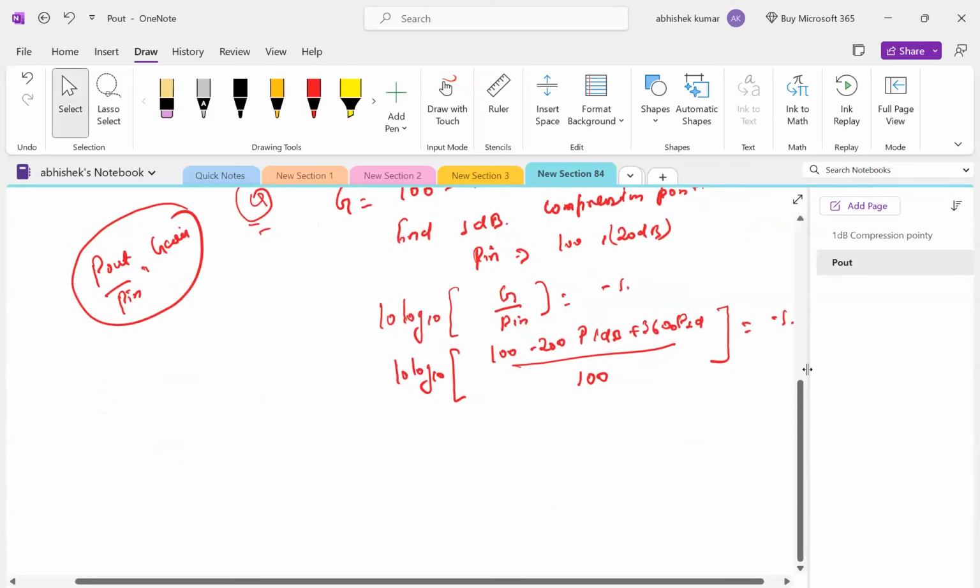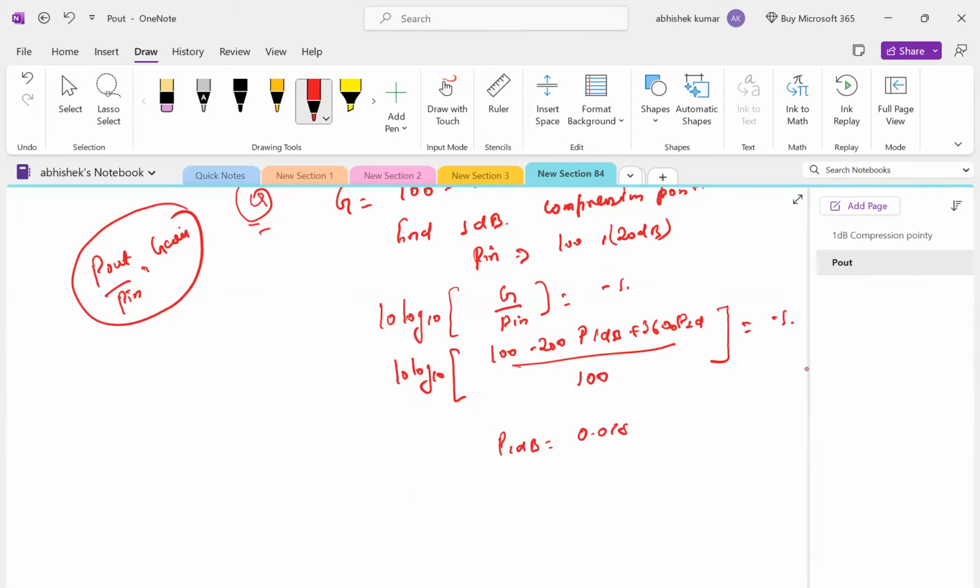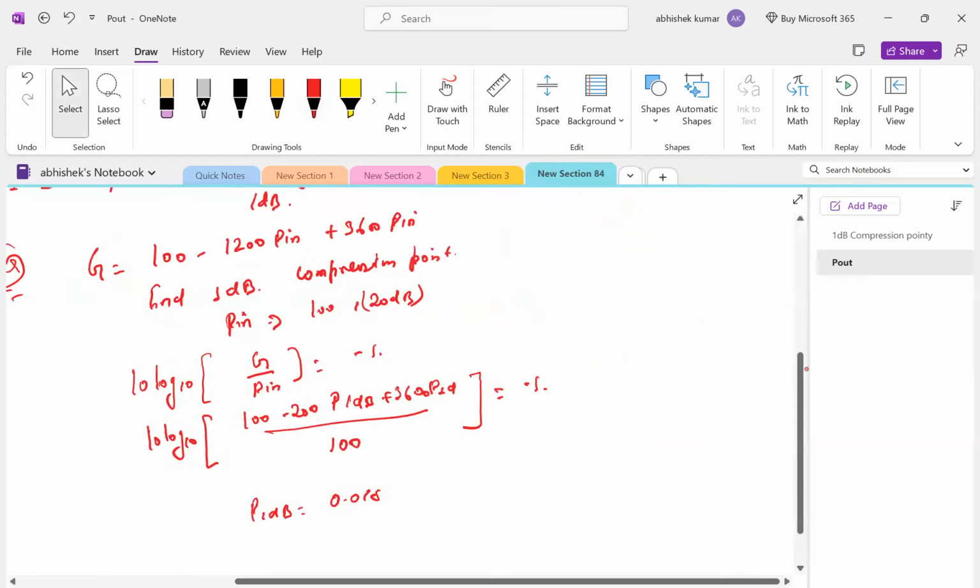So from here you will get the P 1 dB point, that is 0.018 or whatever you can say. Okay, are you getting this concept or not?